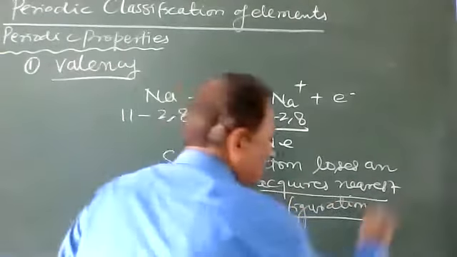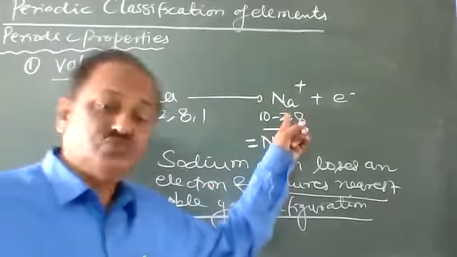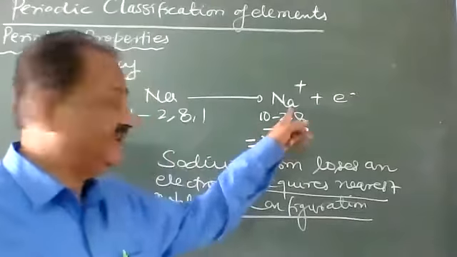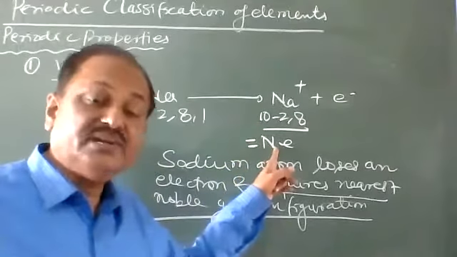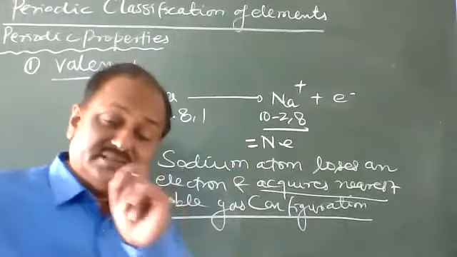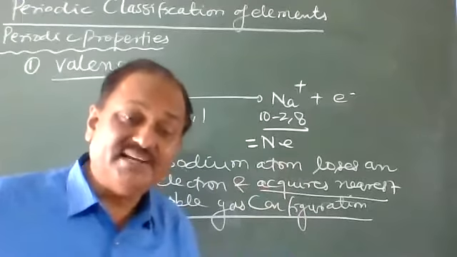Sodium atomic number is 11. Here the sodium ion has 10 electrons. Neon atomic number is 10. So this is the game of stability.